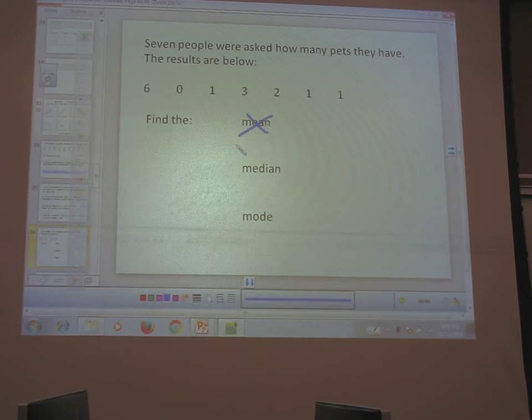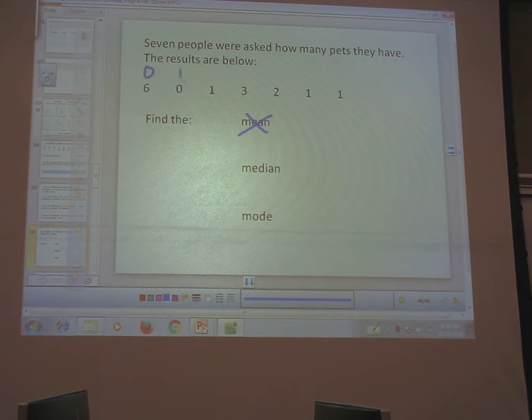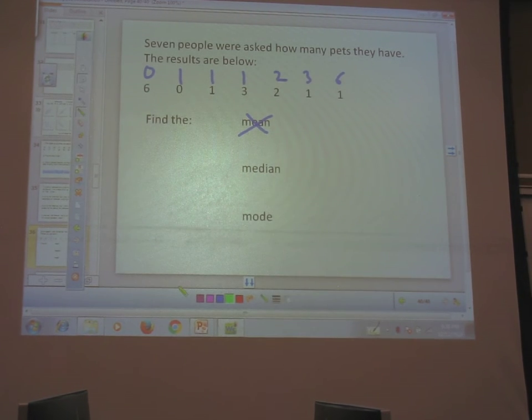Put it in order. Here's the data in order. What's my median? 1. It's smack dab in the middle. What's the mode? 1. Great. Unimodal. Next, skip the GPA one. Let's go to the one below that.